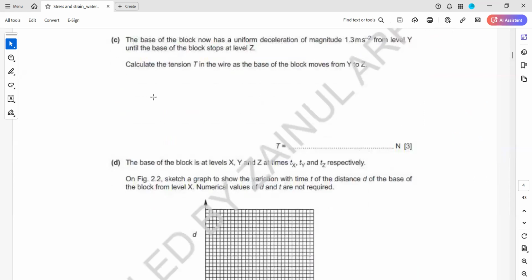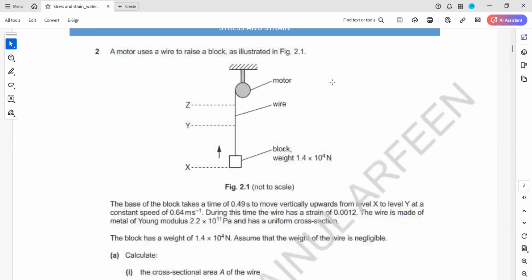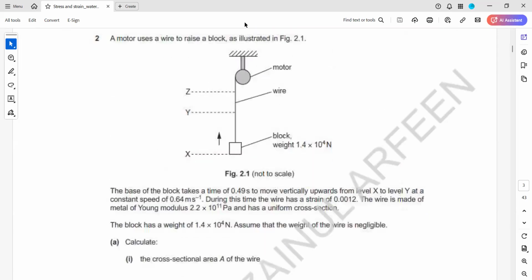The base of a block now has a uniform deceleration of 1.3 meters per second squared from a level y until it stops at z. Calculate the tension from y to z. So if we need the tension here, the block is decelerating.